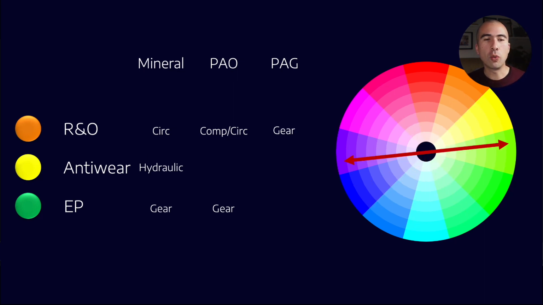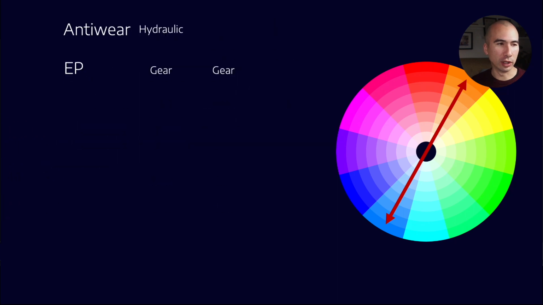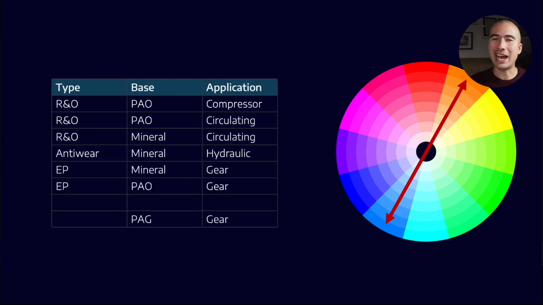All right. So one thing that we could do is list all of the different types of lubricants with their base oil as well as their application. So if I were to do this, this is how you could re-articulate these different lubricants. Again, we're starting with the type and we're going in order from RNO to anti-wear to EP, so increasing in the amount of additives.